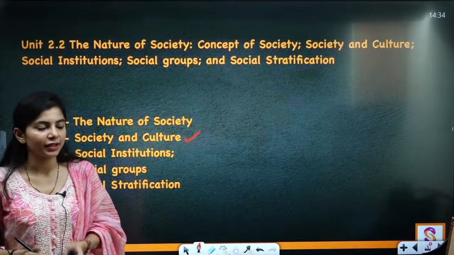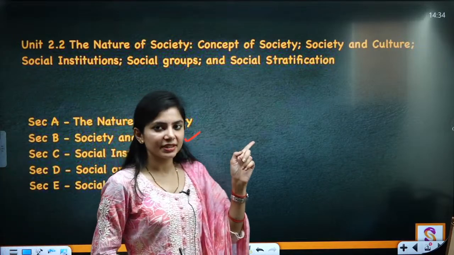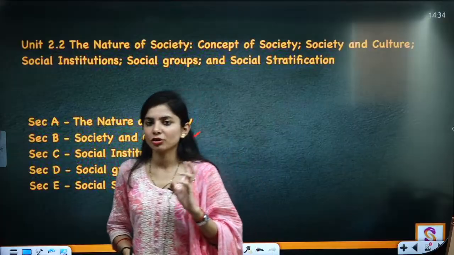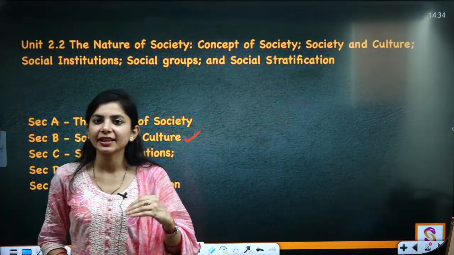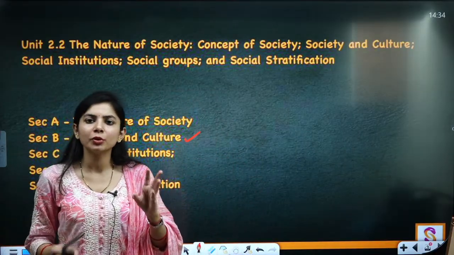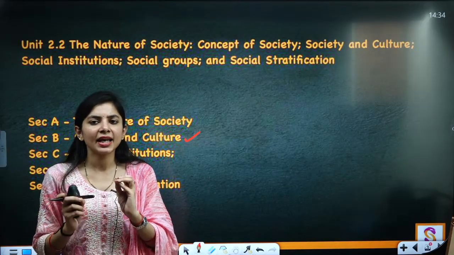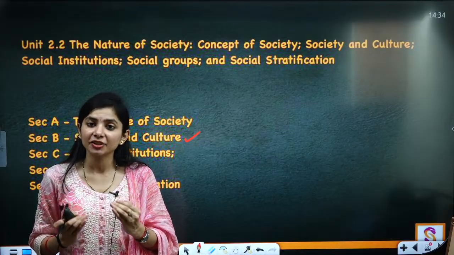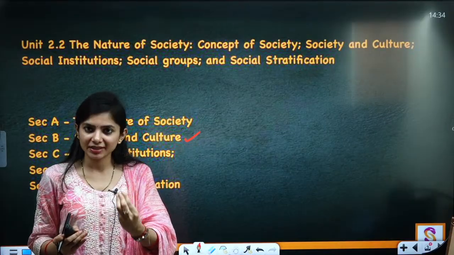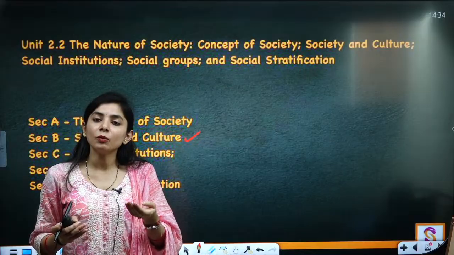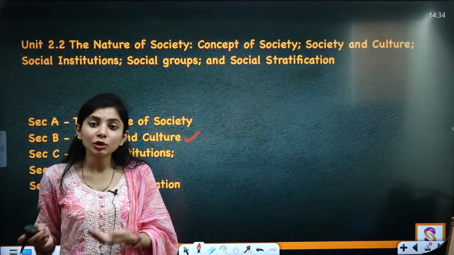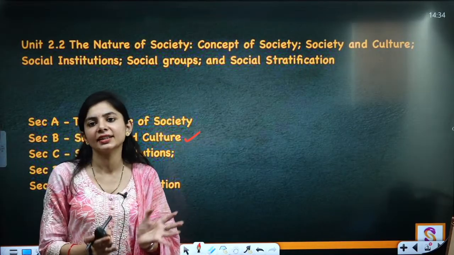Okay, now let's start. As I told you in the previous class, where we were studying the nature of society, that was only an introductory treatment. I had provided some of the basic views on how the society was formed and what the thought process was on the basis of which we created this society.